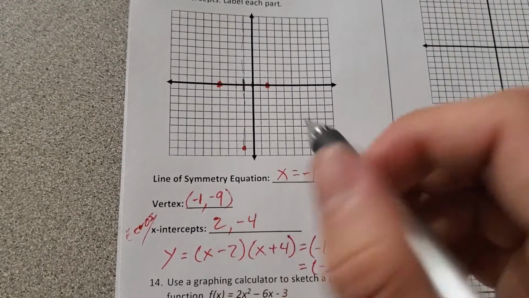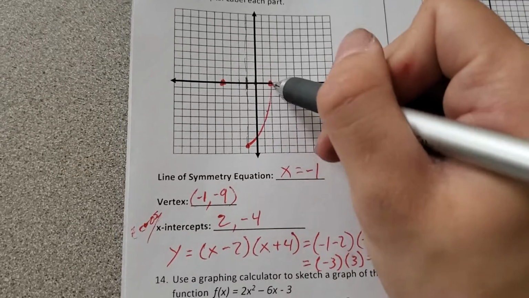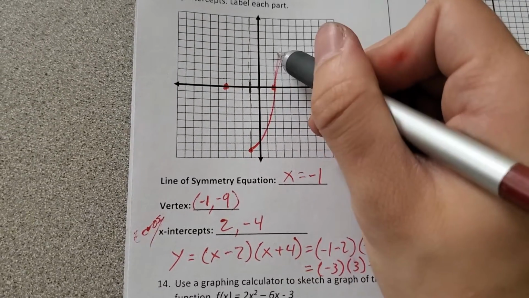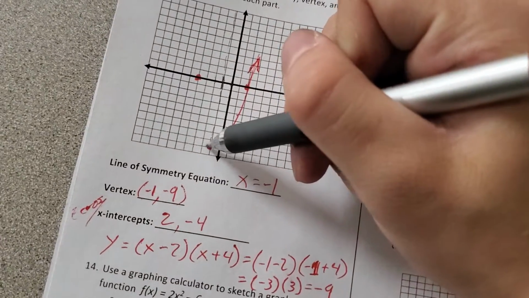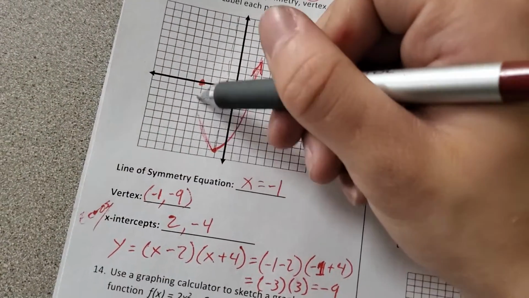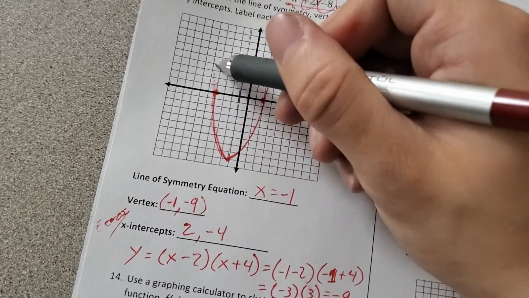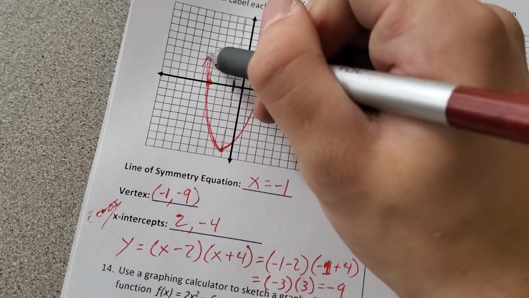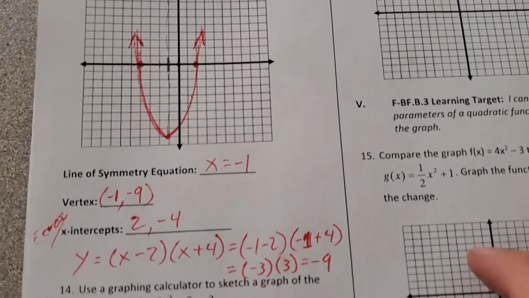And it goes 9 units down. So from here, my graph will look something like this. It doesn't really have to be perfect. Just make sure that it looks like a U, and you should be fine. And there you go. That's my parabola.